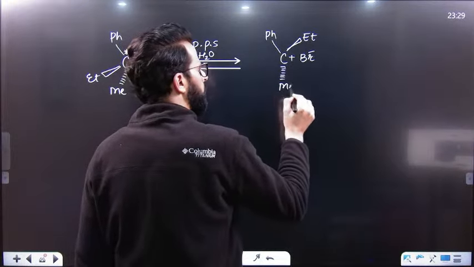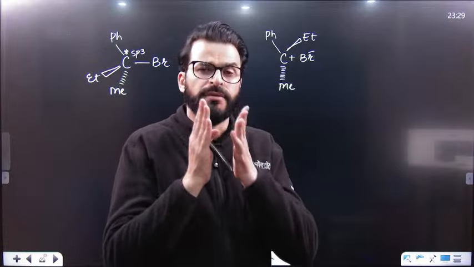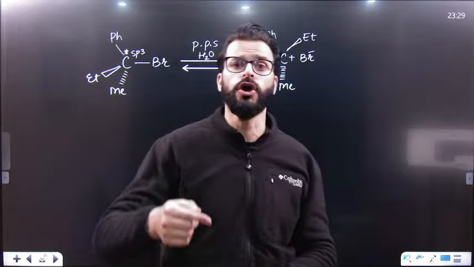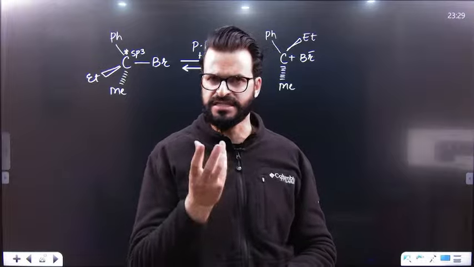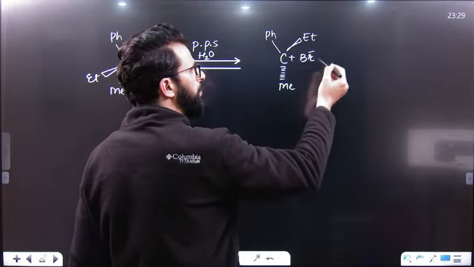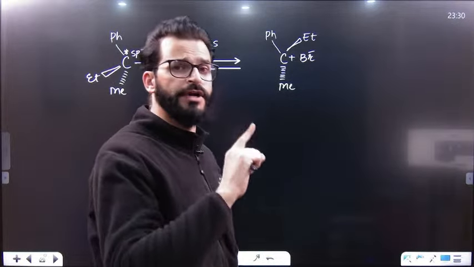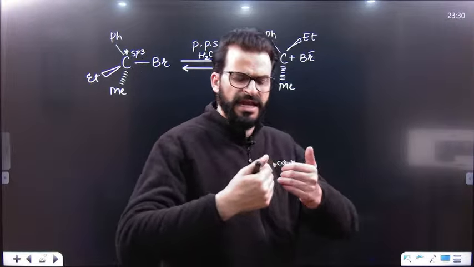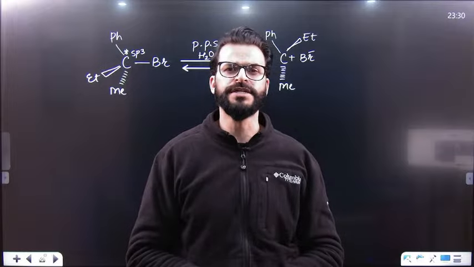Now, here remember ion formation takes place because C and Br bond has been broken, but this ion pair is not solvated, I mean to say this is not a solvent separated ion pair. That means in the start, solvent molecules are not surrounding this Br minus or C positive. Those solvent molecules will surround these ions after some time, and these ions will be separated, and at that time the ion pair will be known as solvent separated ion pair.